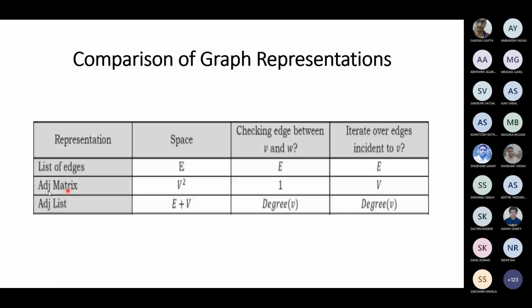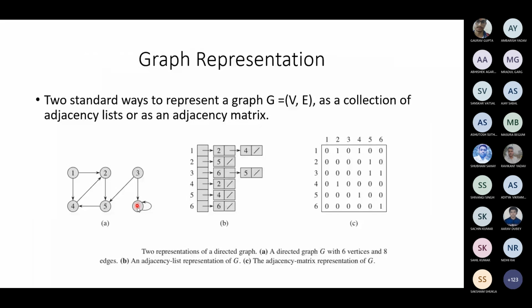Suppose you have 6 vertices, how much space will the adjacency matrix take? N square means you have 6 vertices, it will take a 6 cross 6 matrix. Yes, sir, 36. How many links are taking here?